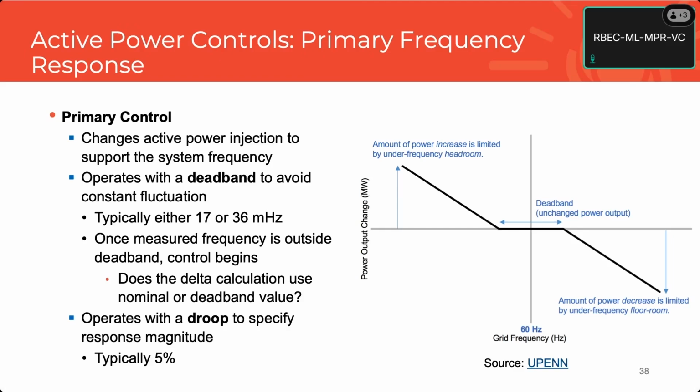control. So before we talk about Droop, let's just imagine that this was just a flat line. So we didn't have these slopes here. We just drew a line straight across from left to right or right to left. And what that means is that the controller is going to look at frequency, and if the frequency is at exactly 60 hertz, the control is going to set to 0 power.